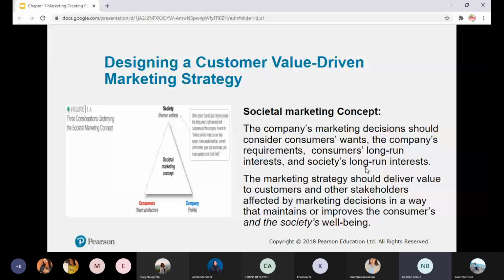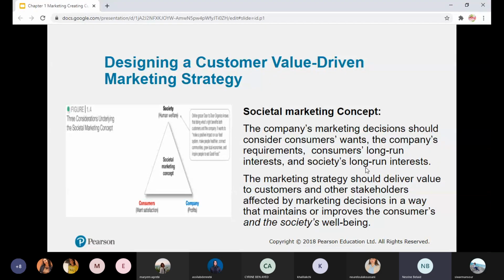We didn't harm the nature and so on. This is the societal responsibility that shows that we are responsible. We want to preserve our society. But also we satisfy the customer with this product that we provide them with, and also we make profit for our company. Okay? Yes, miss. Thank you.